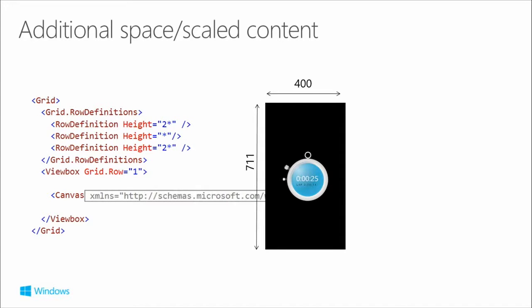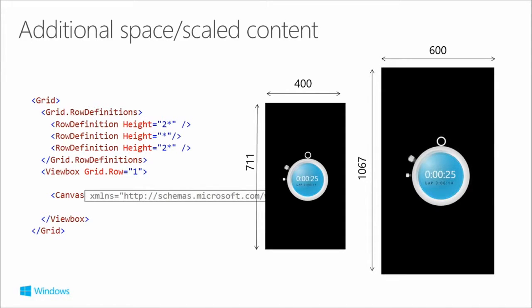Showing off the viewbox, this is an example. Let's say this is a control in there. This watch could be a vector graphic, or it could be a really complex XAML control that we've styled very carefully. And we realize that when we pull this XAML control into our Windows Phone application and we resize it, things get all wonky. Well, we can drop that inside the viewbox. The viewbox will render it in one size, and when we go to a bigger screen size, it will simply scale that entire control all the way up so that it looks better.